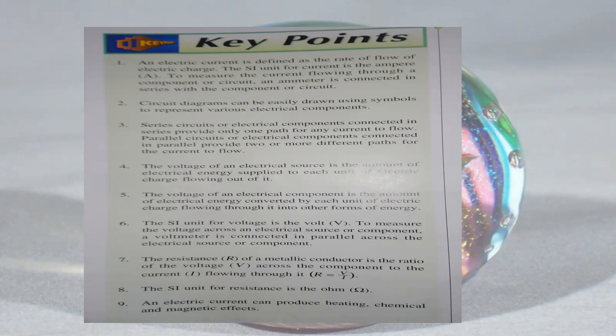Whatever energy you are supplying is in the form of voltage, and the energy coming out is called voltage. The unit we use is called volt. It is denoted by capital V, and the SI unit, the international standard unit, is volt.